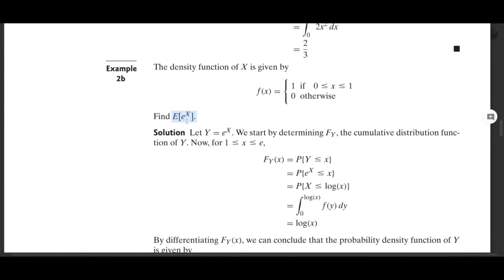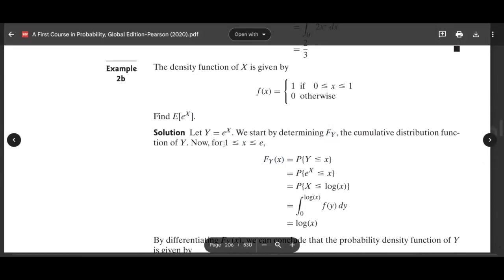Here, right? Because now inside this expectation, we want to find the e to the x. So the random variable now goes from 1 to e. Okay, so we define F of y for this.